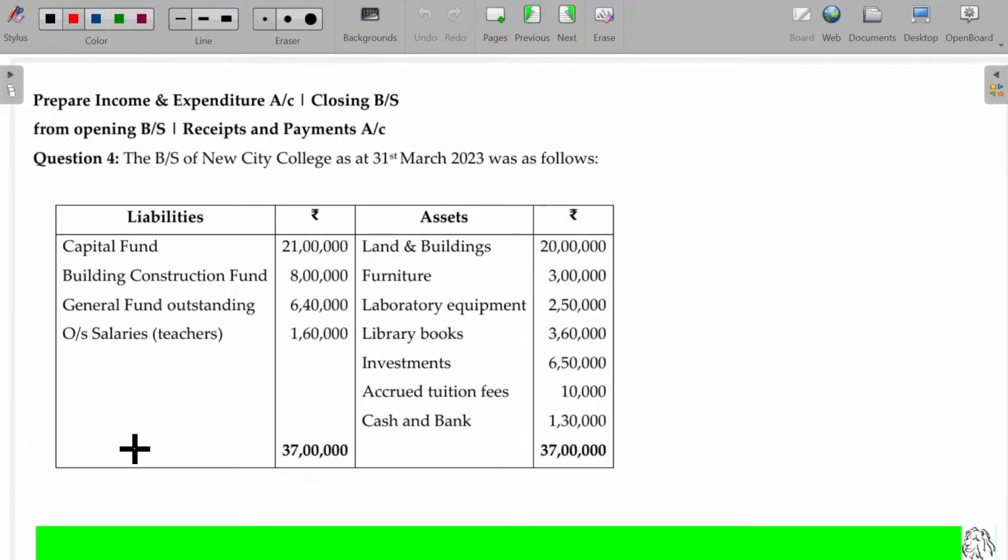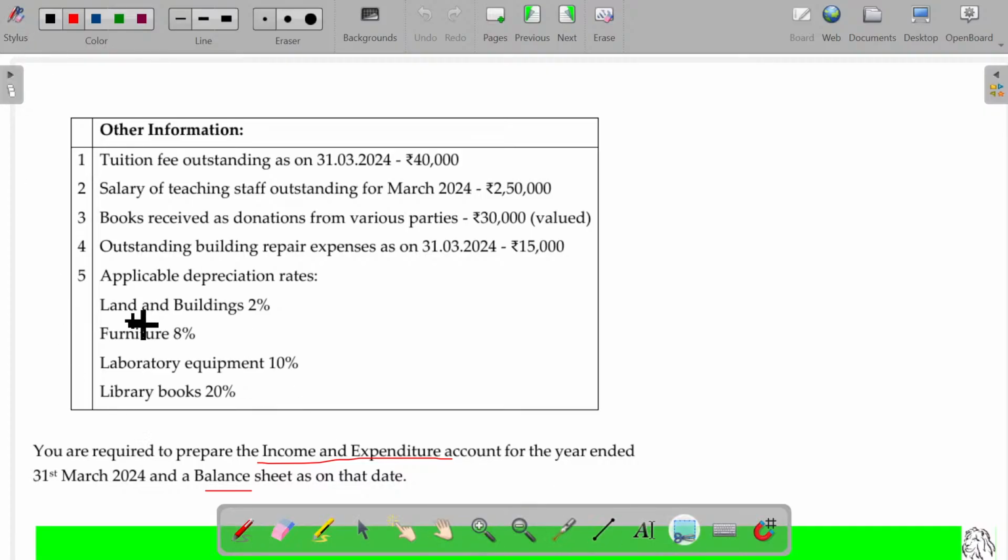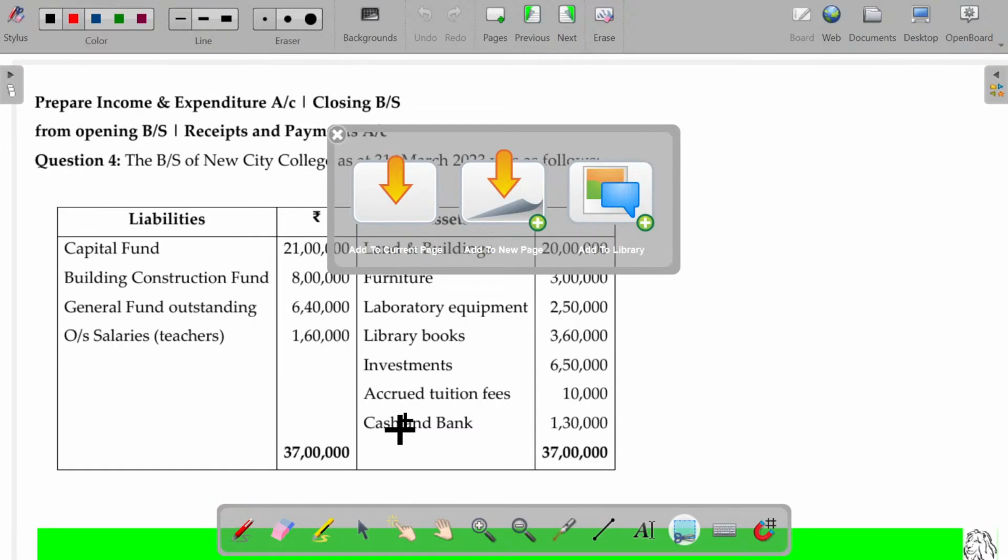Now, how can you proceed with this illustration? So, let me mark down all these items here. Fifth adjustment, applicable depreciation rates.